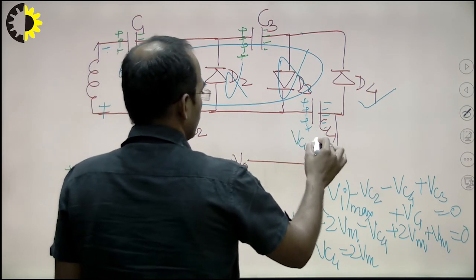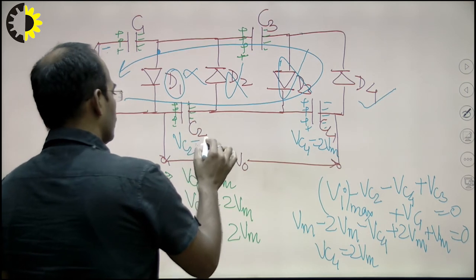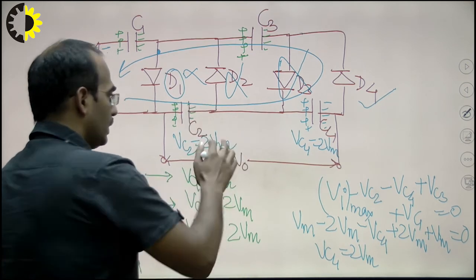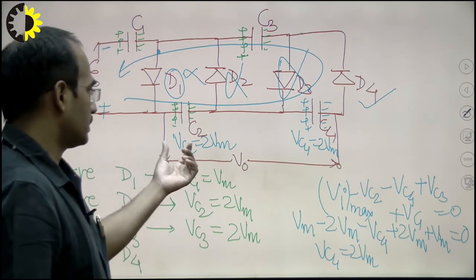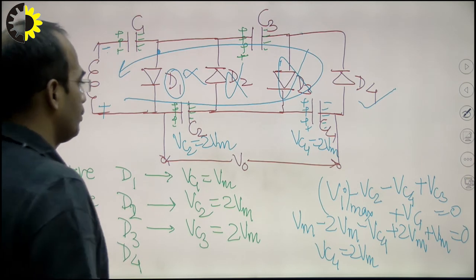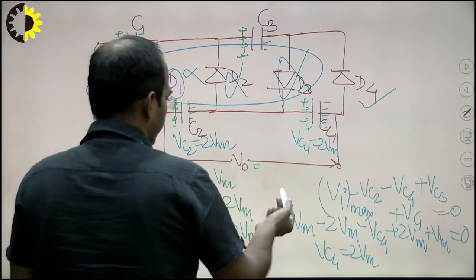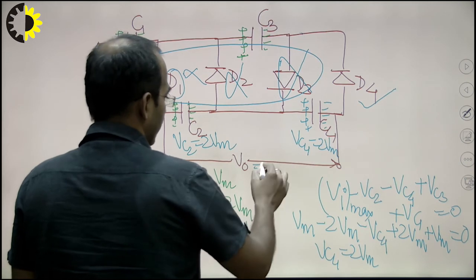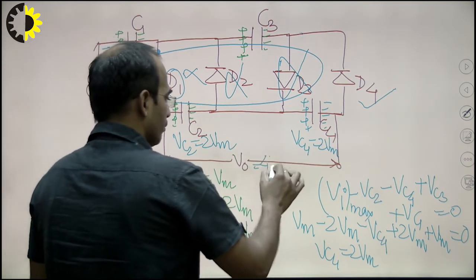So, the value of Vc4 is twice of Vm, and Vc2 is also twice of Vm. These capacitors are connected in series, so the potential is twice of Vm and this is twice of Vm. So, the output voltage across these two capacitors, the output voltage of the voltage multiplier circuit or voltage quadrupler circuit, will be 4 times Vm.